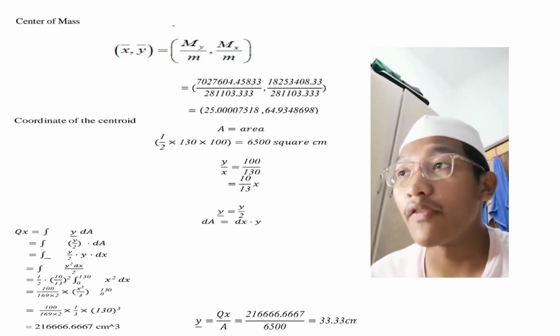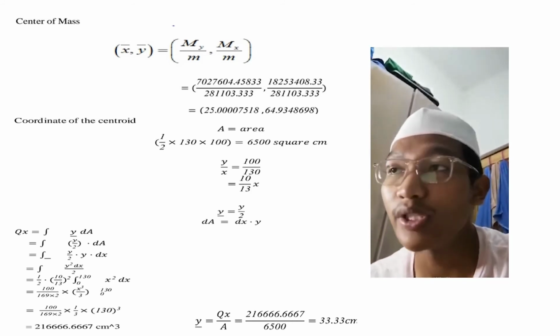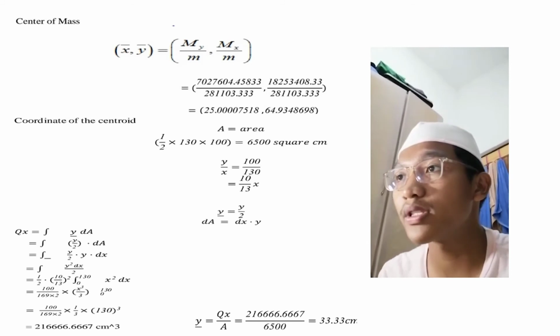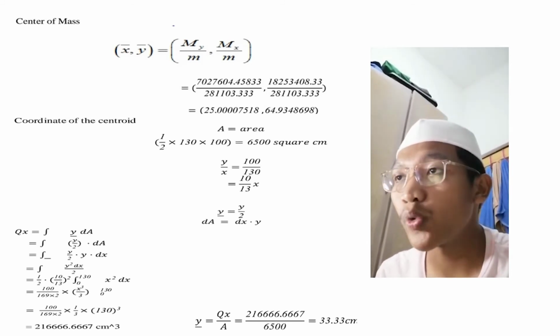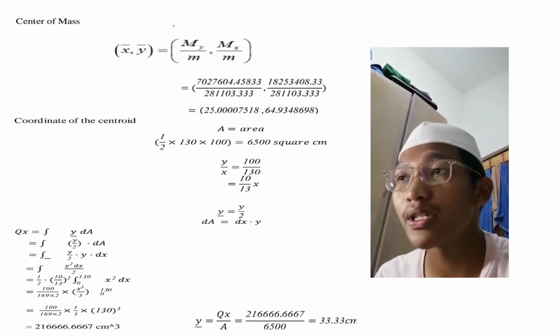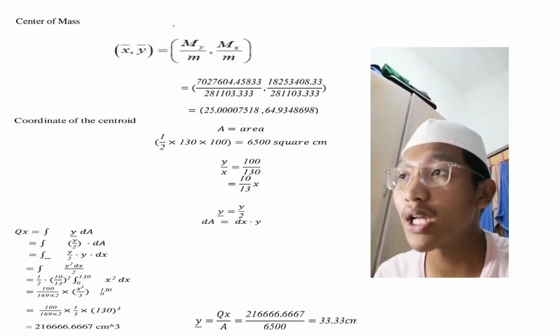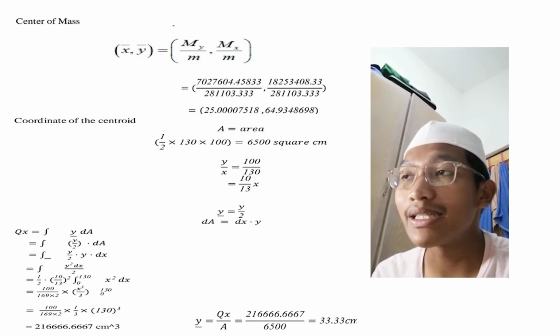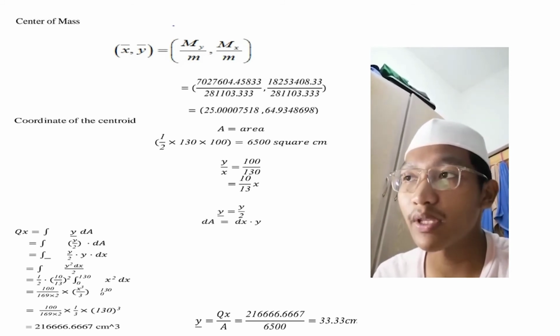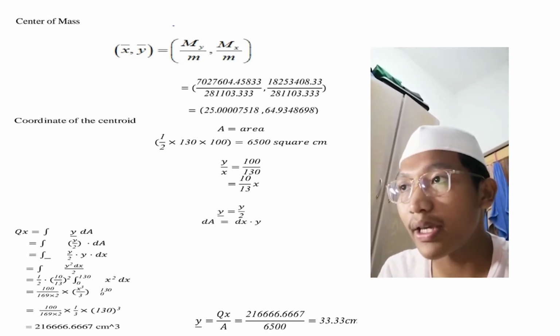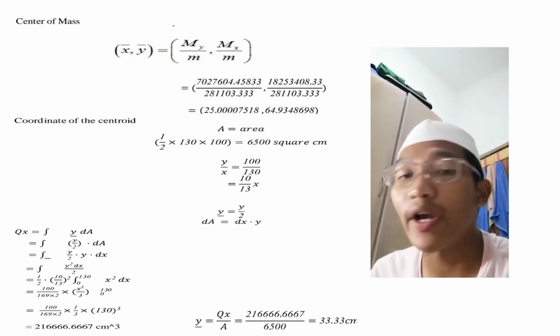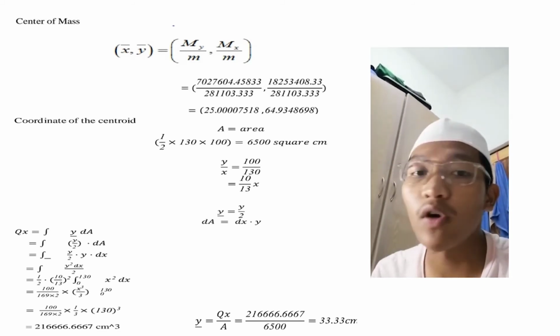centroid. First you need to find the area, which from these equations we use the triangular area, so we need to use half multiplied by 130 multiplied by 100, we got 6,500 square centimeter. Alright, and then the y value is equal to y over 2.